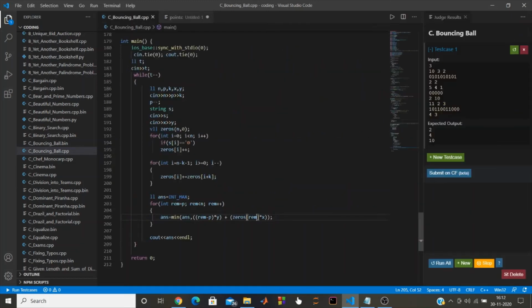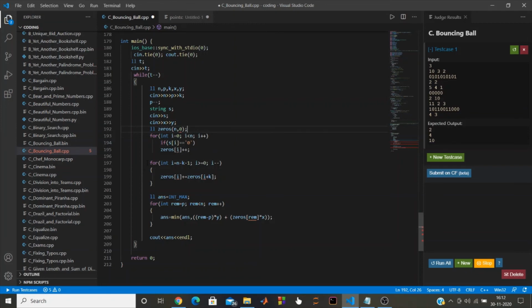So now let's look at the implementation. It's pretty straightforward. I am taking input and I decrease p by 1 because they are considering one-based indexing. As I said, I declare the array zeros, and if the ith element is 0 I increment.